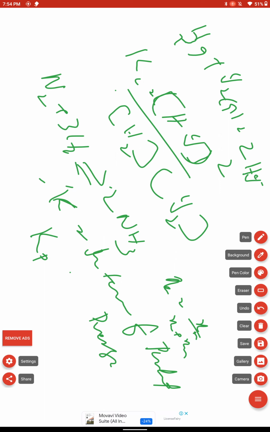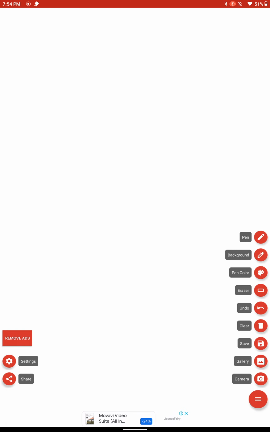ഇനി നാലാമതൊരു മെത്തേഡ് ആണ്. We can represent equilibrium constant K in terms of activities.